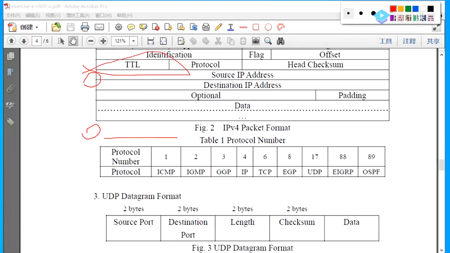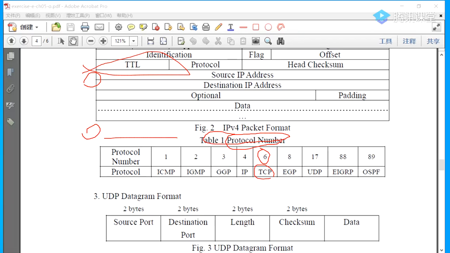protocol numbers. Protocol number 1 means ICMP, protocol number 2 means IGMP, etc. Protocol 6 means TCP.